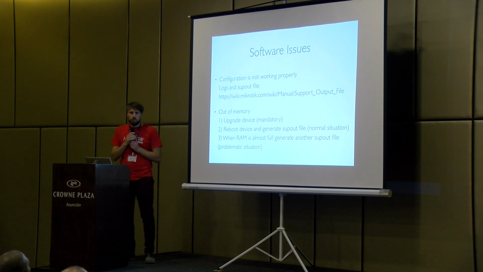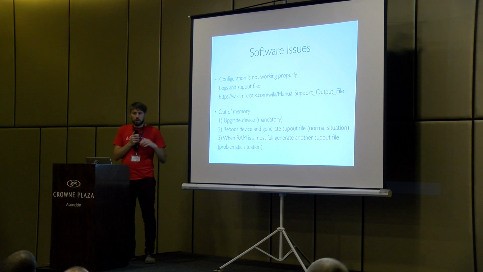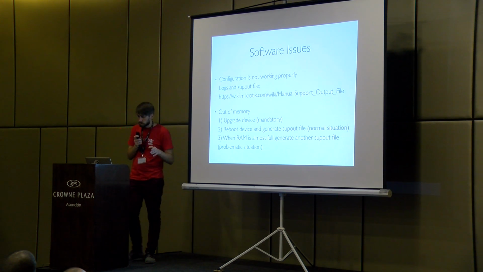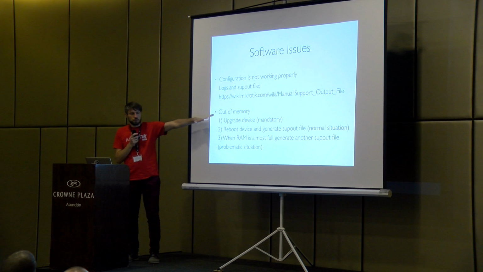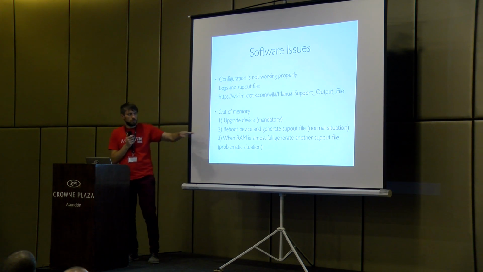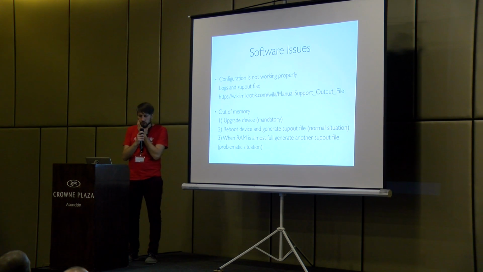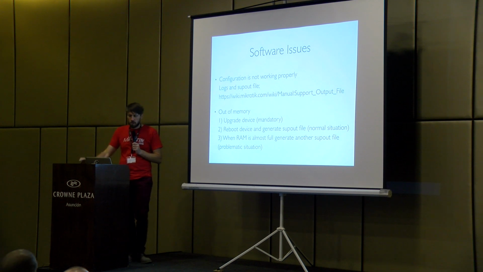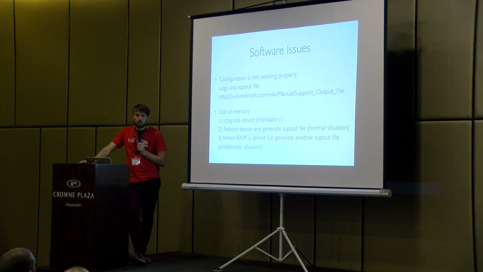If your router is out of memory, like you see that memory is decreasing and your device is rebooting, you need to do these 3 steps. Upgrade your RouterOS version to the latest one, then reboot it and make a support output file at the beginning of the operation.